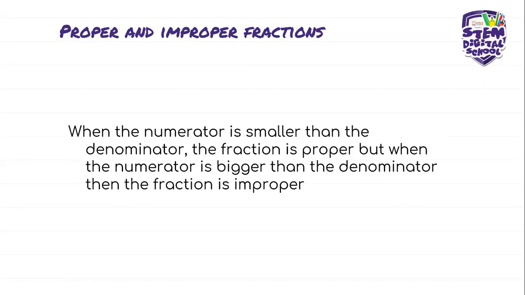When the numerator is smaller than the denominator, the fraction is proper. We say that this is a proper fraction. But when the numerator is bigger than the denominator, then we say this is an improper fraction.